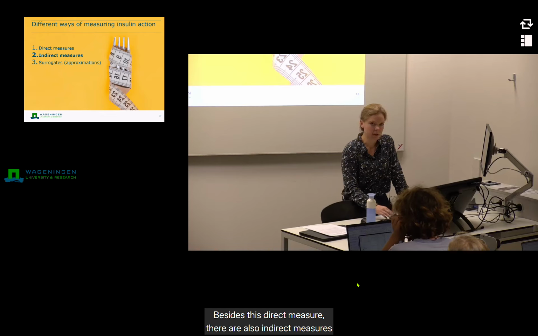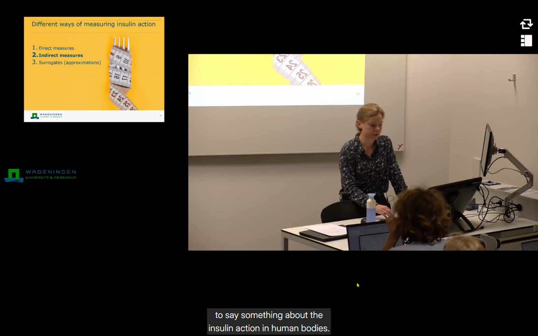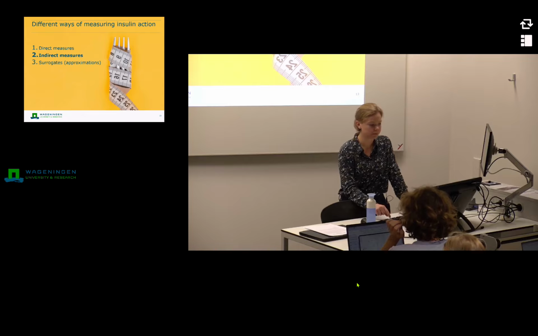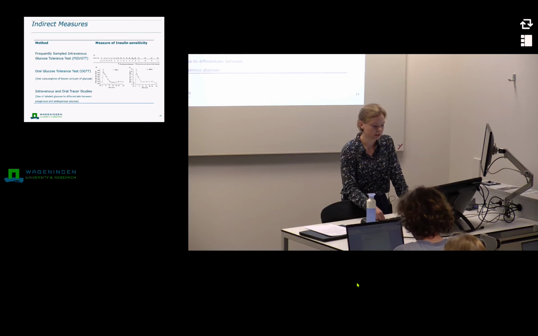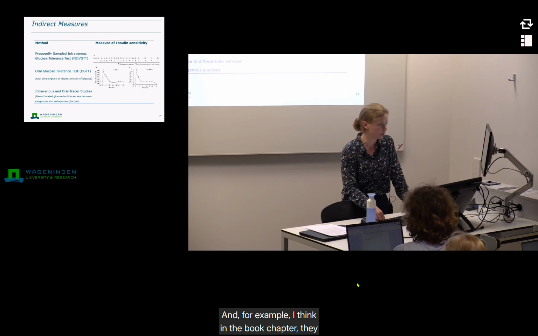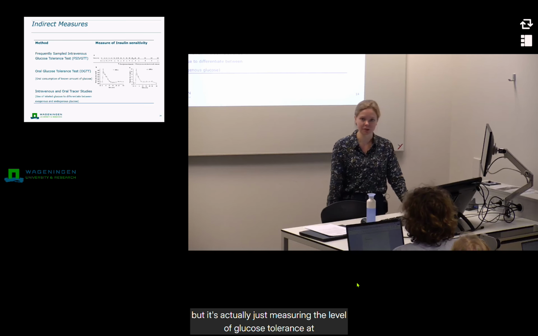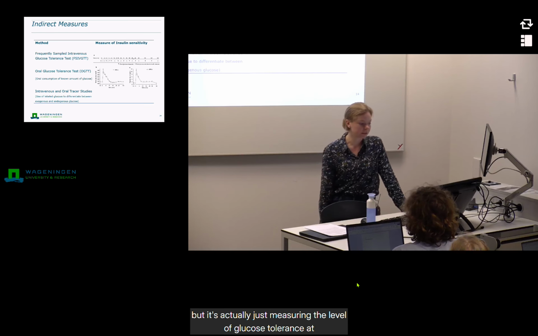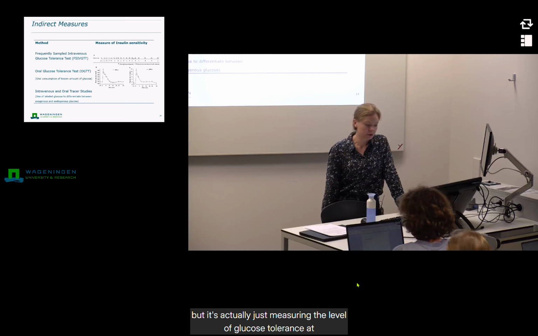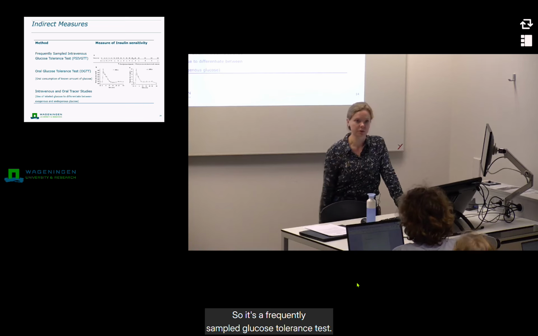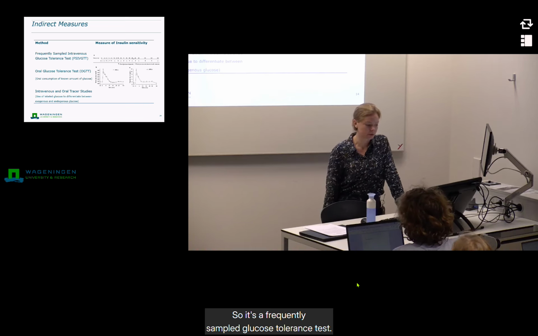Besides this direct measure, there are also indirect measures to say something about the insulin action in human bodies. For example, I think in the book chapter they also talk about the FSIVGTT method, which sounds very complicated, but it's actually just measuring the level of glucose tolerance at different points in time. So it's a frequently sampled glucose tolerance test.